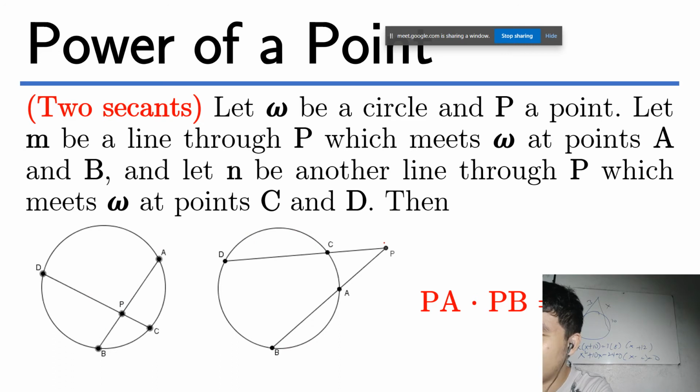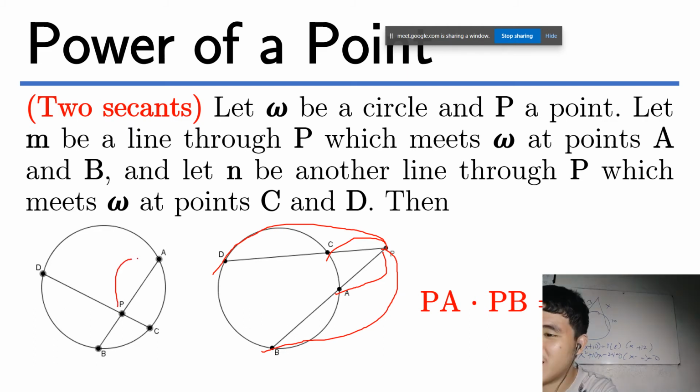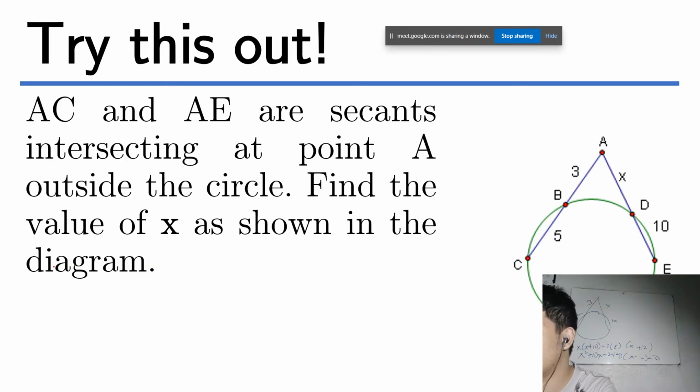Gets PC times PD equals PA times PB. Pero kapag intersecting chords sa loob, tsaka lang yung ganon. Yung parang kung paano sila nahati, PA times PB equals PC times PD. Ganon siya kapag sa loob ng circle. Ito pag sa labas. Okay? Sige. Isa pa.